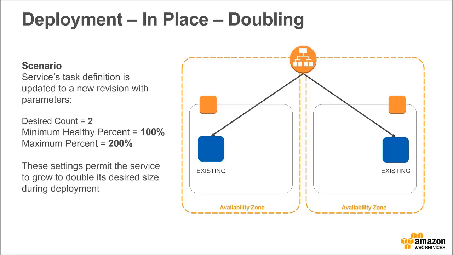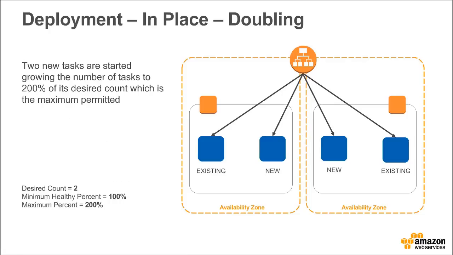So here, this is the first stage, and in this stage we have 2 tasks running. They're identical tasks running in separate availability zones for high availability, and we do a deployment. So the first thing that happens when we do a deployment is that ECS starts up 2 new tasks. These 2 new tasks run on our container instances. Now our service is 200% of its size.